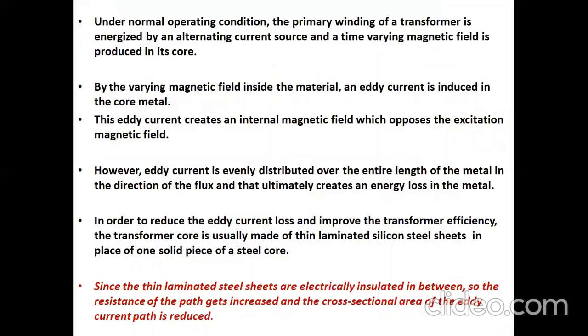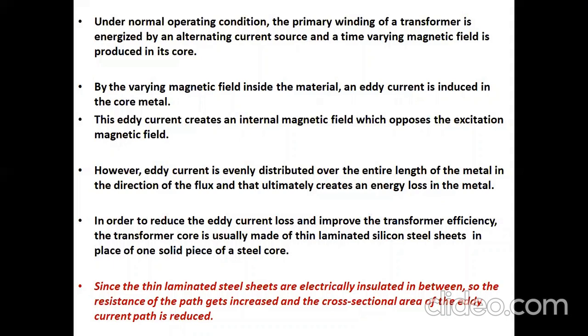Under normal operating conditions, the primary winding of a transformer is energized by an alternating current source and a time varying magnetic field is produced in its core. By the varying magnetic field inside the material, an eddy current is induced in the core material.